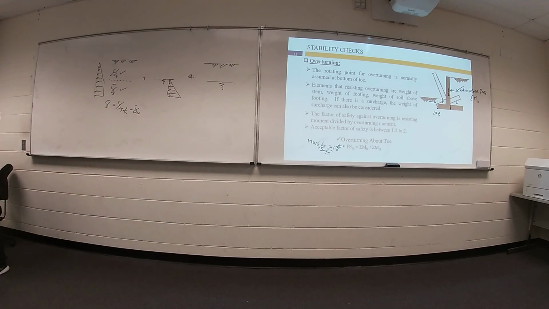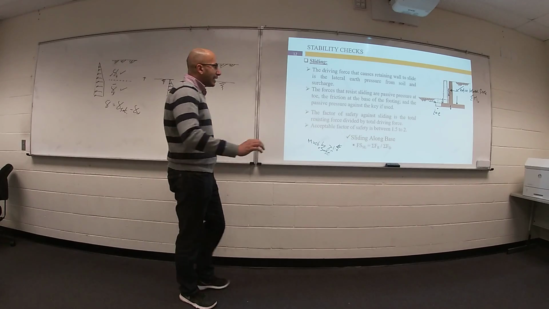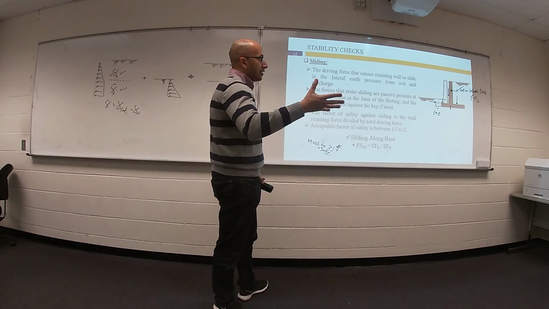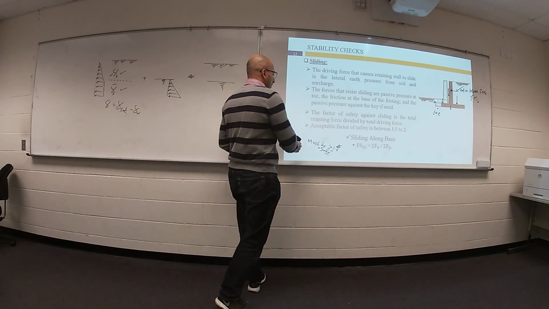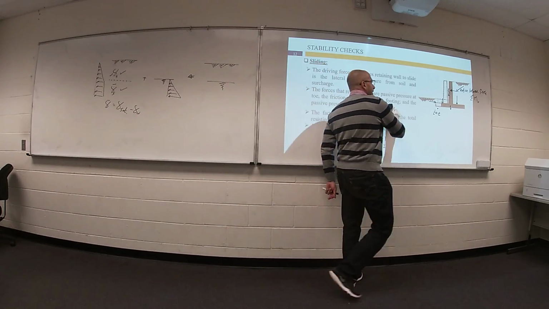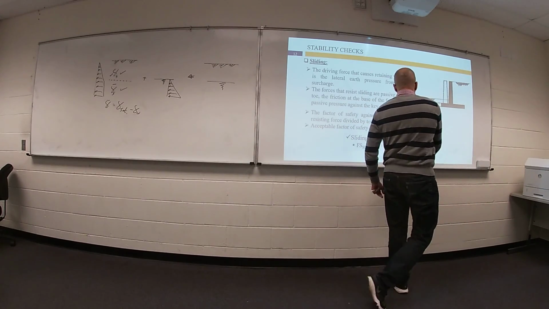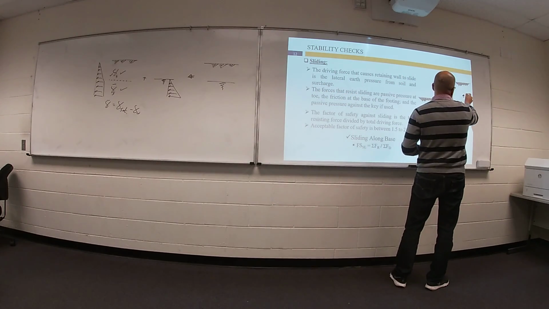The second stability check is sliding. Maybe your retaining wall will not overturn, but will move as one unit. So we need to check against sliding. If you are talking about sliding, we are looking for the lateral forces.